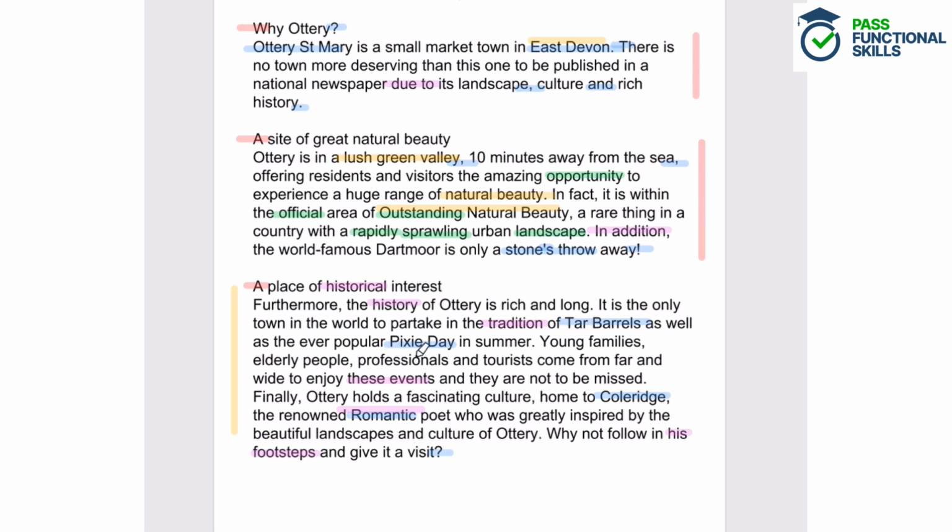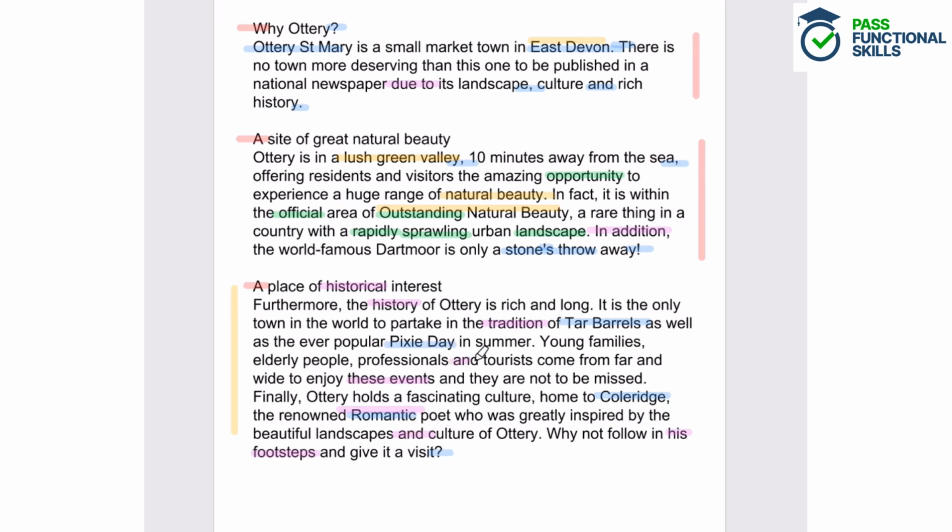We've also got the word "and" used in the answer, and we've got "as well as" and "too". So we've got beautiful landscapes and culture. So this has just been used to add little bits of extra information.